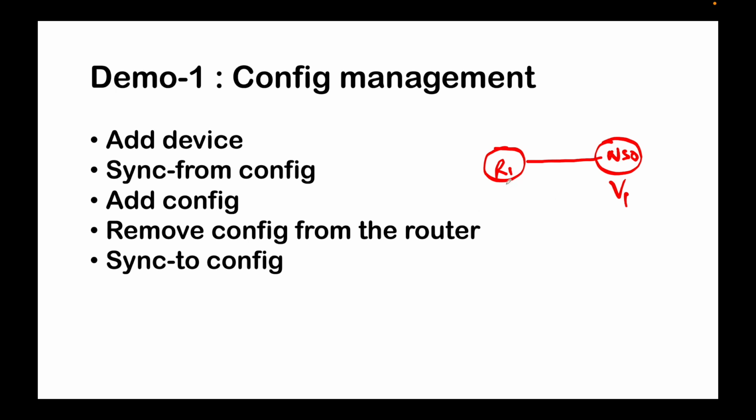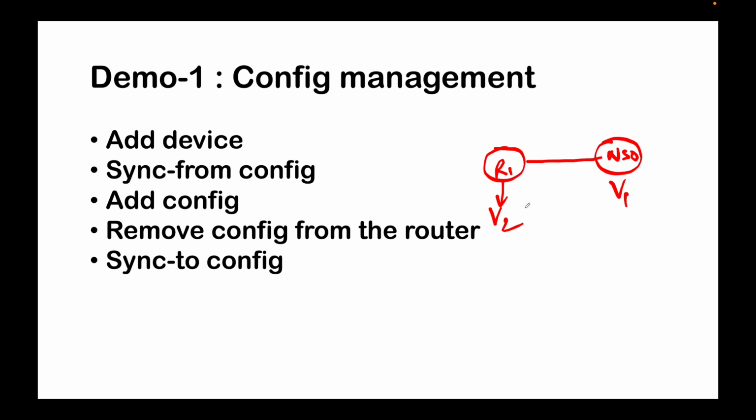Now there is something wrong in the network, or maybe the router got reloaded, or some card got reloaded, or some misconfiguration from the users or admins, or anything happened on the router, and now the router's configuration version is V2, and this V2 configuration is causing issues in the network. Now what do you normally do? You search for the previous working configuration of the router, right?